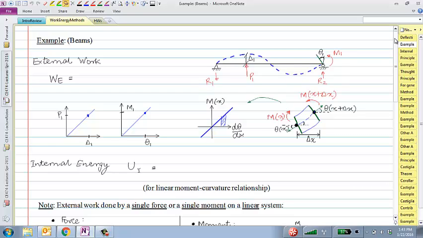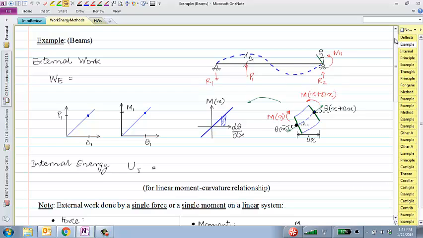There are two external loads in this case. One is a point load P acting here, and one is an end moment M acting here. Both of them are being applied extremely slowly, in the same way that we did for the spring mass system. Now, as I apply these loads, what would be the external work done by this P?